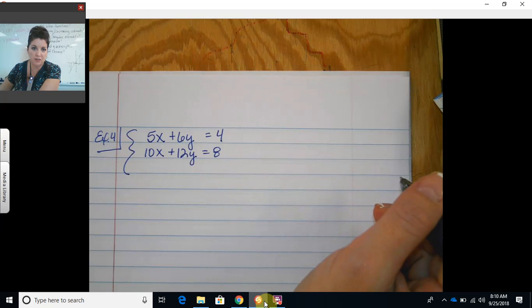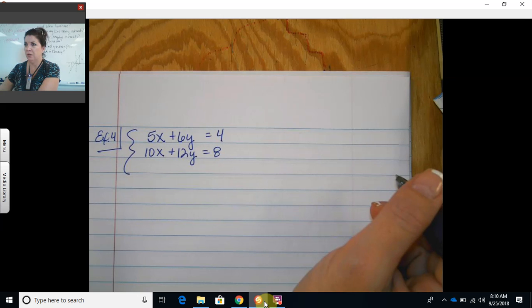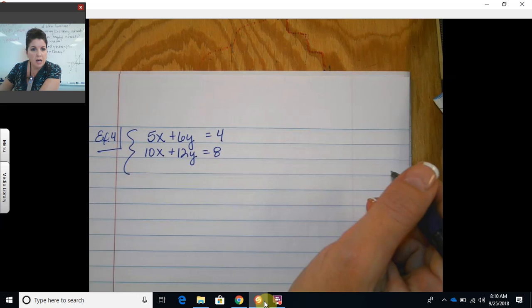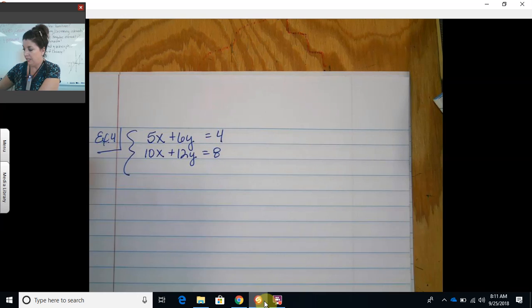Do any of my variables eliminate automatically? No. Sometimes you multiply the bottom equation. Sometimes you have to multiply both equations. But in this case, it's the top equation again. What would I multiply by if I wanted my x's to eliminate? -2. What would I multiply the top equation by if I wanted my y's to eliminate? -2. So -2 it is.